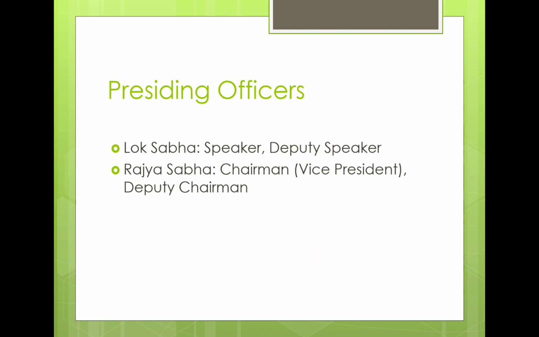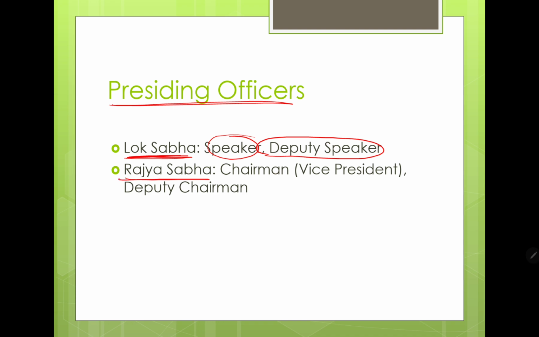Next, we will see who are the presiding officers of the Lok Sabha and Rajya Sabha. The presiding officer of Lok Sabha is the Speaker, and in the absence of Speaker, the presiding officer is the deputy speaker. Whereas in case of Rajya Sabha, the presiding officer we call the chairman.